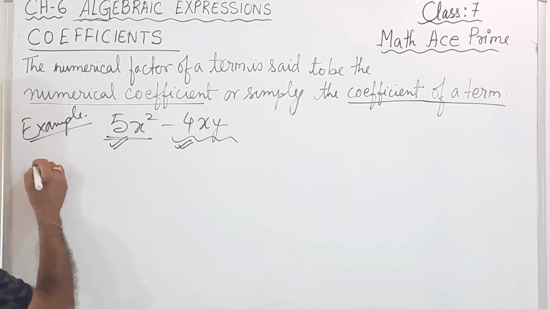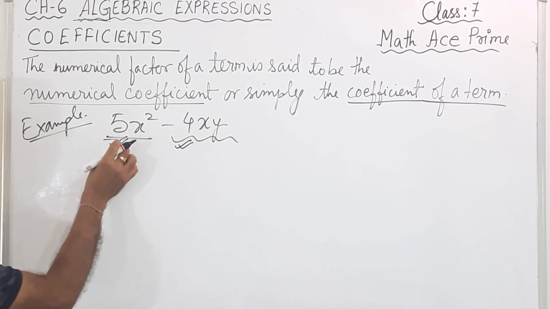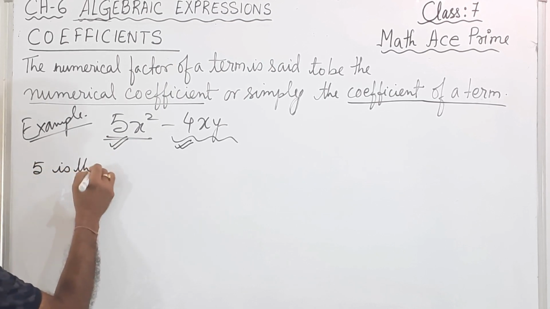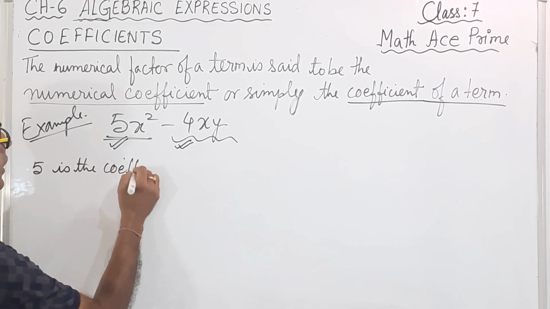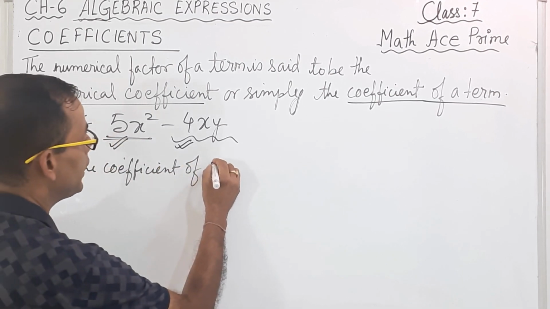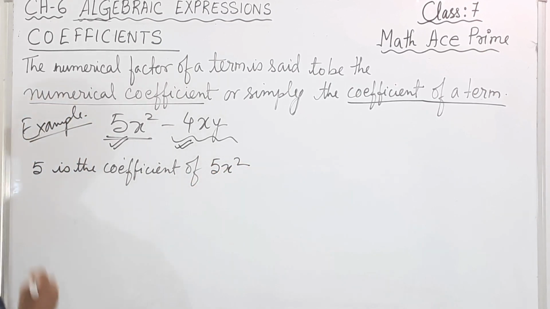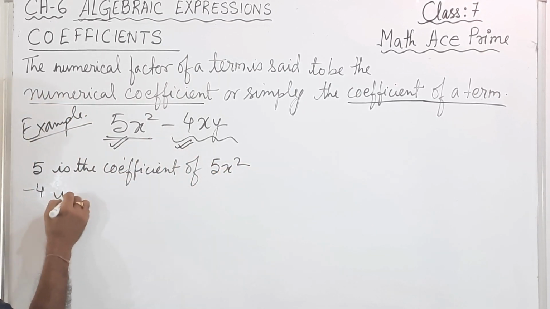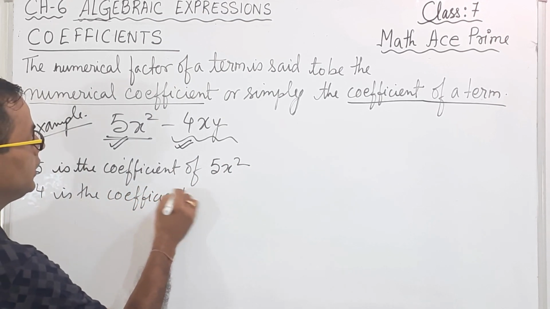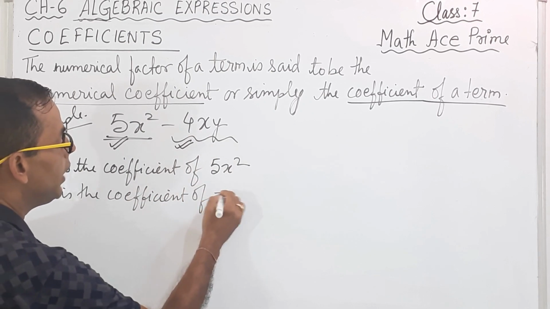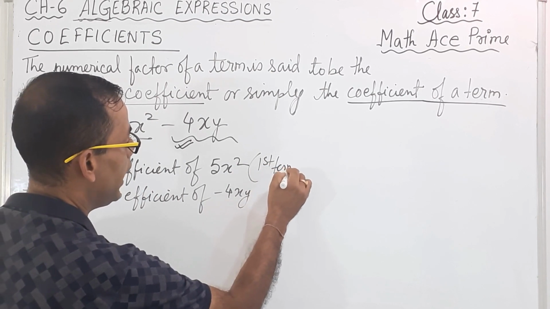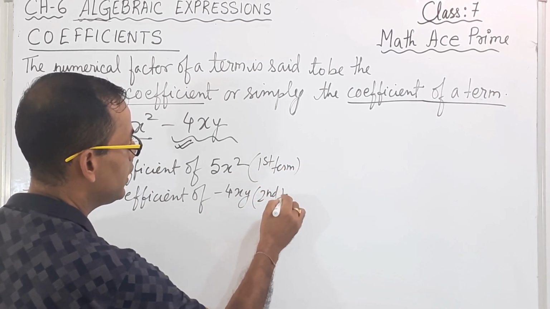So how will we write it? If I ask what is the coefficient of 5x square, 5 is the coefficient of the first term, that is 5x square, and minus 4 is the coefficient of the second term, minus 4xy.